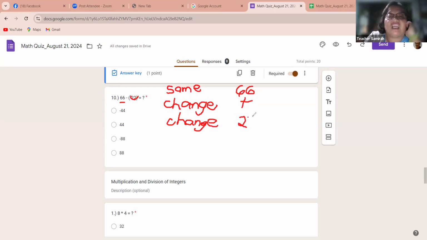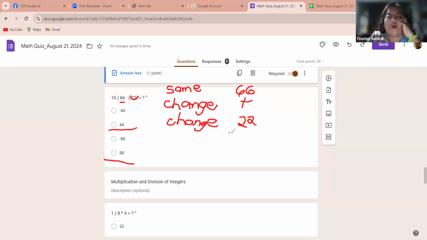Okay, look at this. They now both have the same sign, which is a positive sign for both integers. So what will be the possible answer? The two possible answers will be 44 and 88.